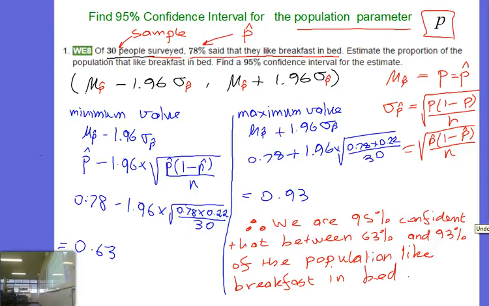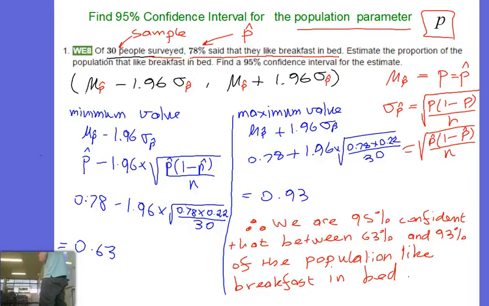Now if we wanted to say we're 99% confident, then the width from the minimum to the maximum will be greater. It might be 50 to 99% for the population proportion. And if you've got a greater width in your interval, you can be more confident that the true value lies in that spot.